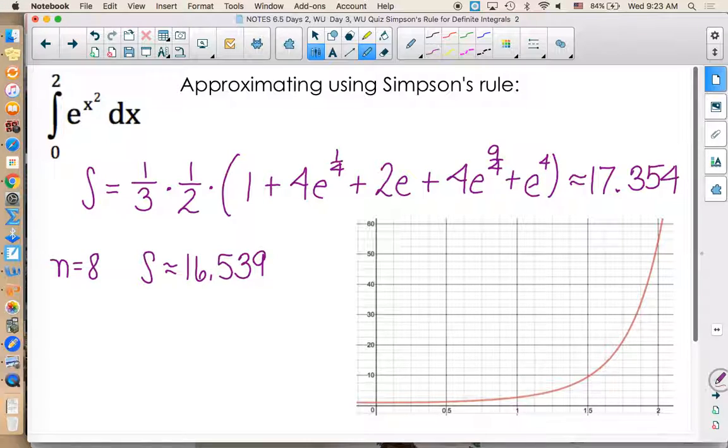So that would be coming down a little bit. Remember, our trapezoidal estimate was 20-something, so we're already lower than that. And if you ask your calculator to actually get you an approximation, a numerical estimate of that integral, its estimate is around 16.453. So our Simpson's rule estimate was much closer.